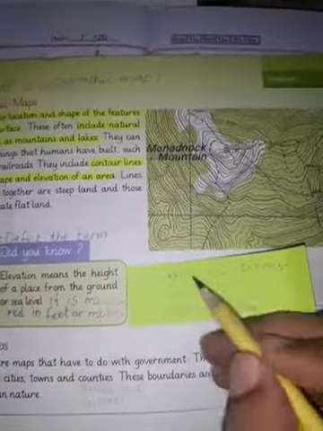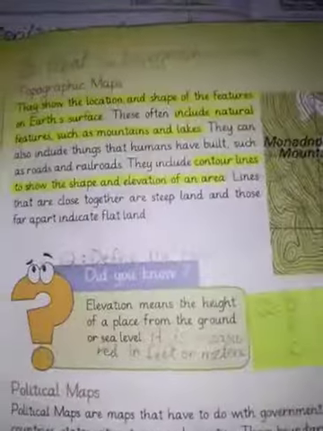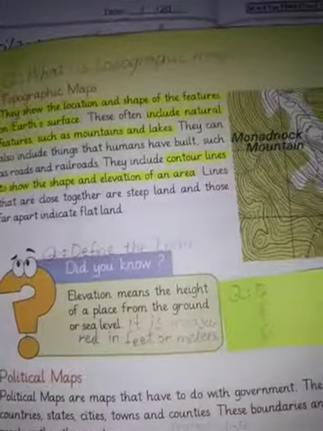So you can use a post-it note here, and it will remind you that here we have derived two short questions. Define the terms elevation and contour line. So I hope that this review of topographic map will help you a lot to understand what a topographic map is.